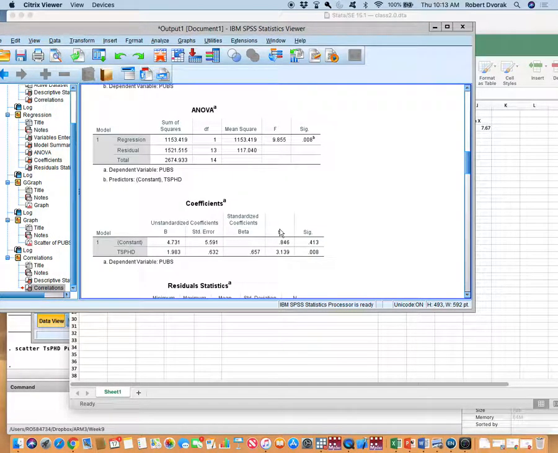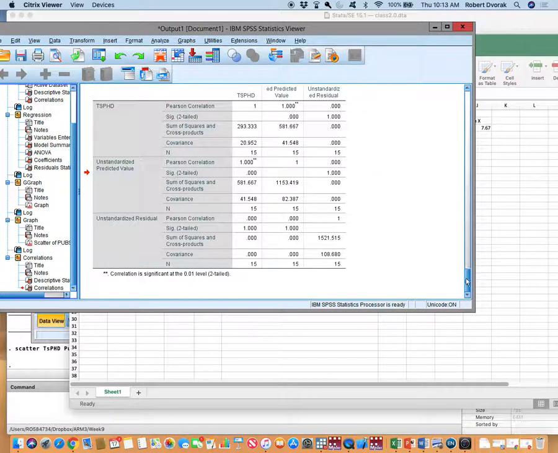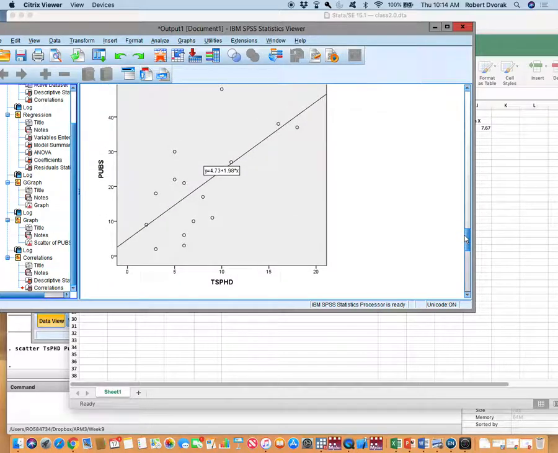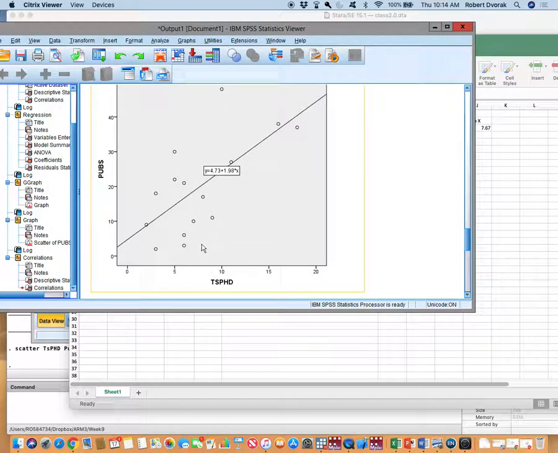And if we look at our graph here, how many years did we say? 8.7? So right here is where we're expecting a person to be, and that looks about right. 21.9, about 22. I suppose that's right.